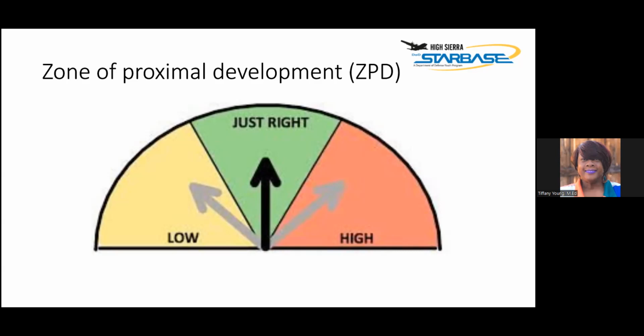It is also important to understand the level at which your students are at.